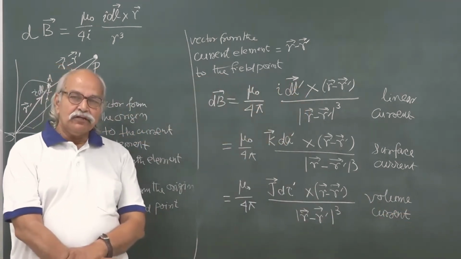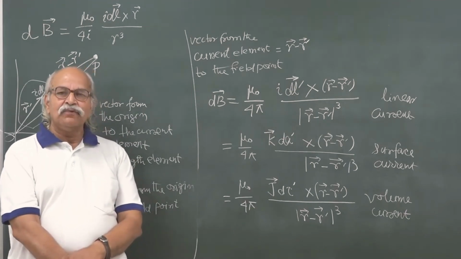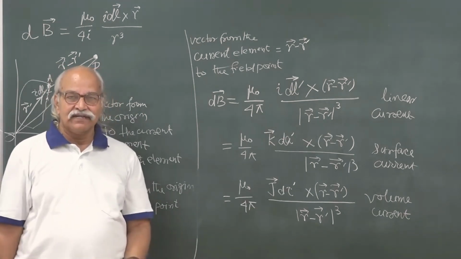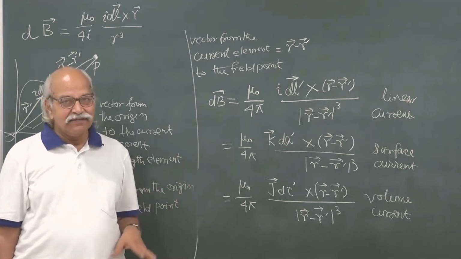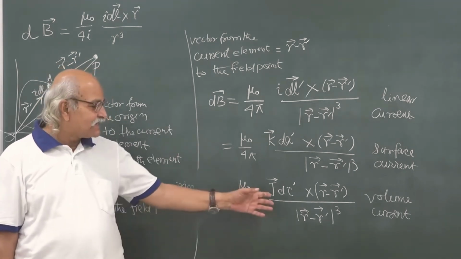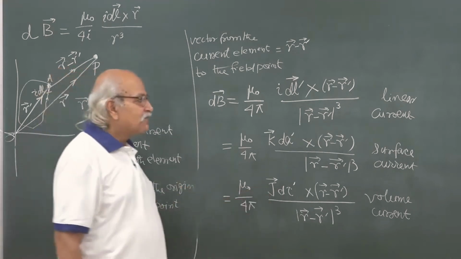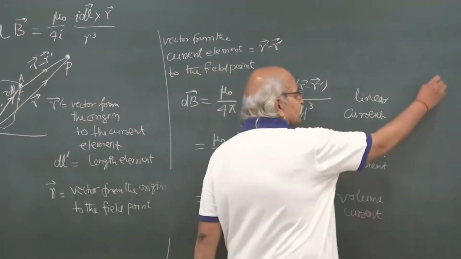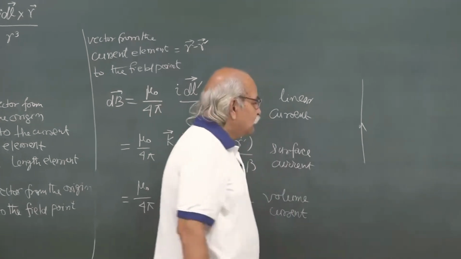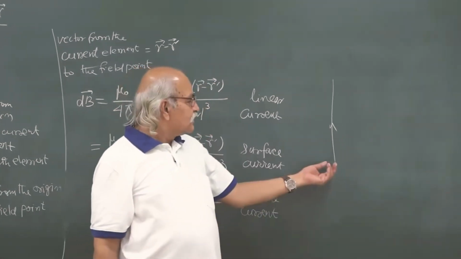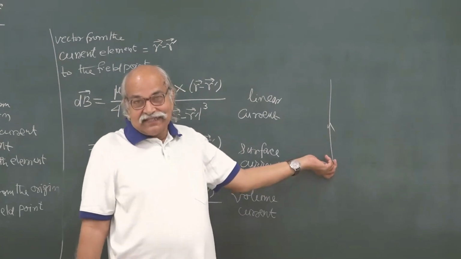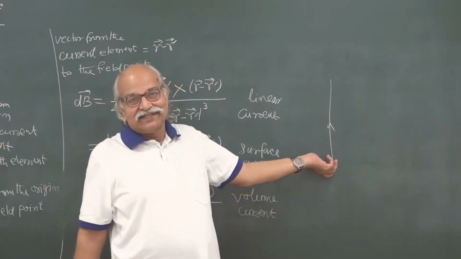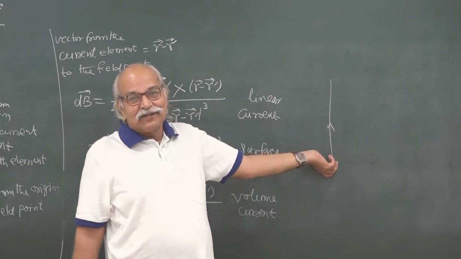Now, the volume current is the most general kind of current; a linear current or a surface current, everything can be expressed as a volume current. Even if I have a line current, first the line will have some thickness. Of course it is a wire, it is not y equal to mx plus c, the straight line that we study in geometry.